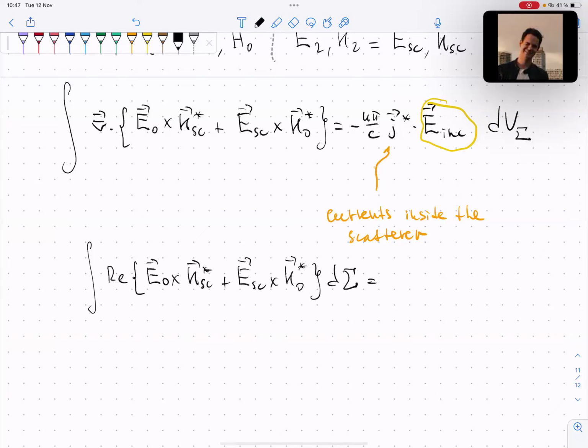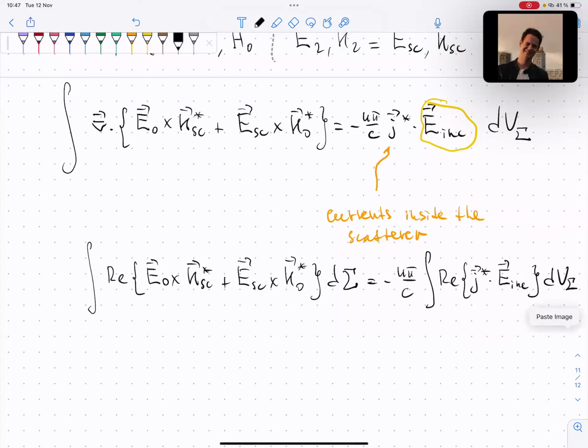And here on the right hand side, we would have minus 4 pi over c integral of the real part of J conjugated times the incident field over dV, over the volume encapsulated by this area sigma.